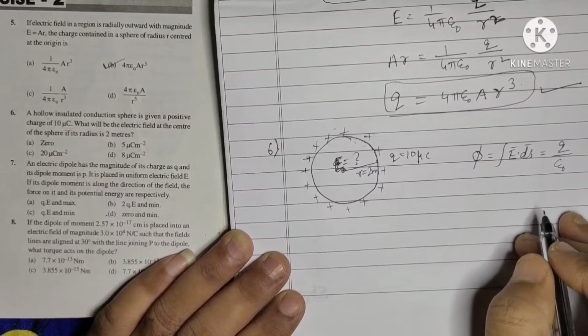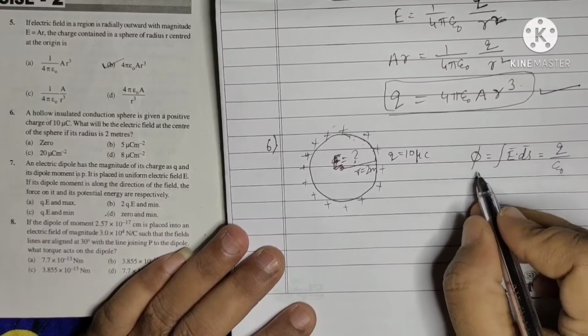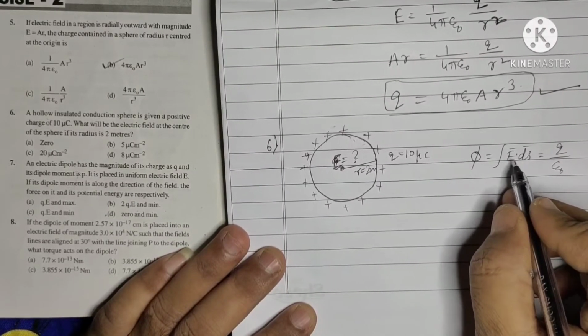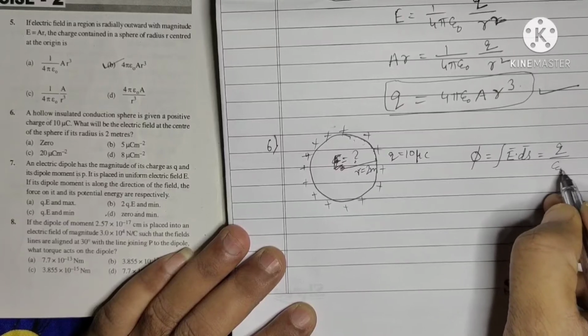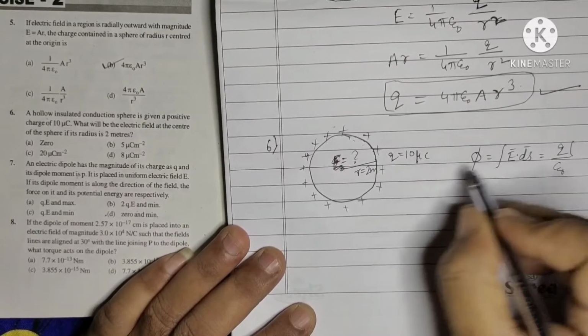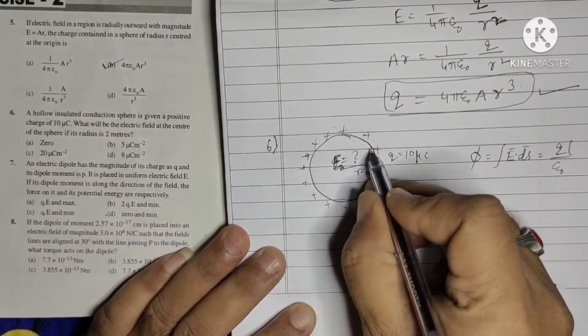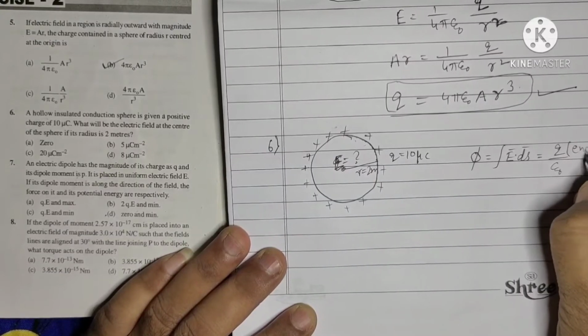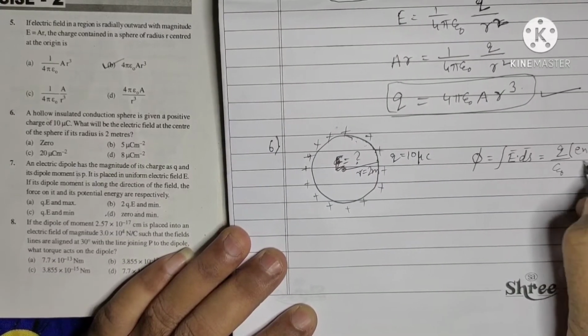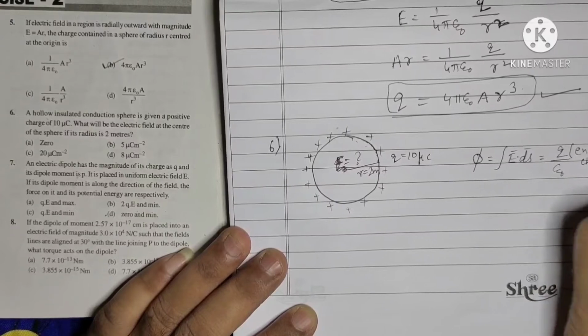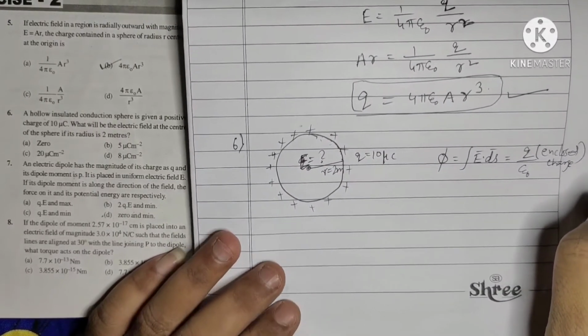This we know very well. What is Q here? Q is nothing but the charge enclosed in this surface.